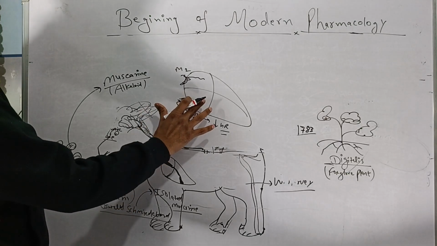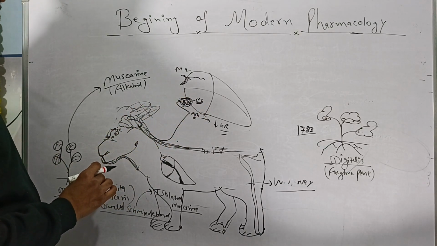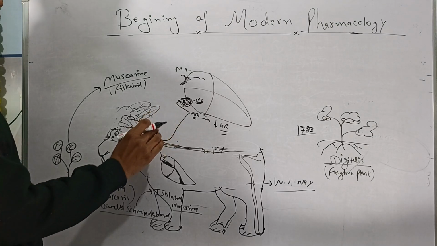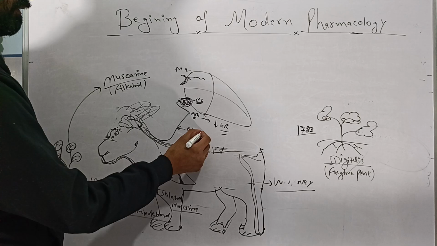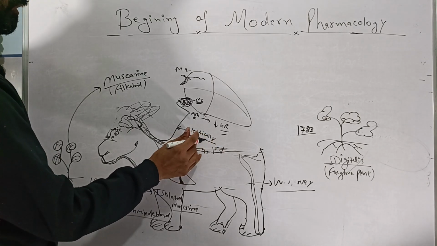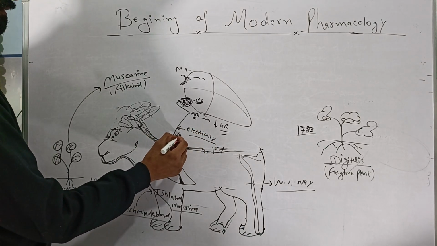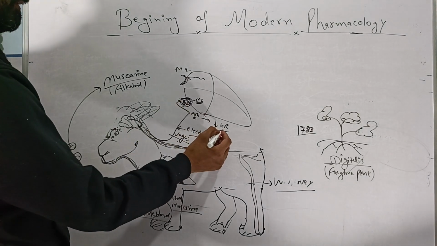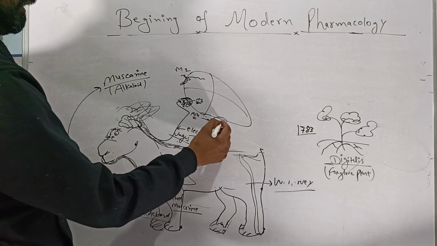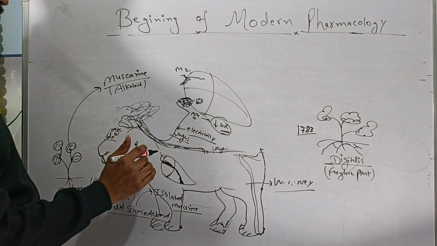This is the normal physiology of the vagus nerve. What he demonstrated: he stimulated the vagus nerve electrically and he found that this reduces the heart rate. This is the normal effect.